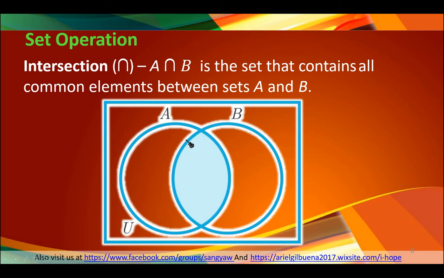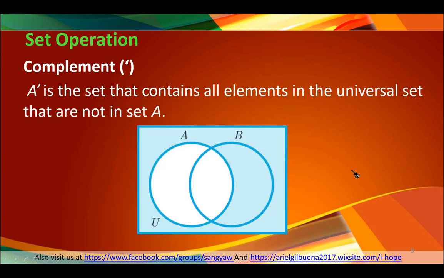So, dito po tayo titingin sa gitna. Yan. Ito po yung intersection ng set A at set B. So, halimbawa, meron akong 1, 2, 3, 4, tapos 5, 6. So, magkatulad nila ay yung 5 at yung 6. That's the intersection.